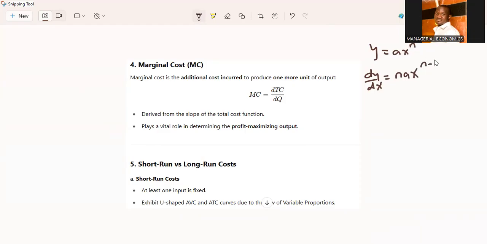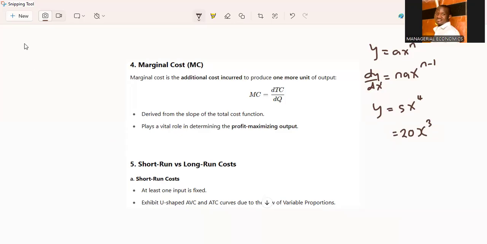Meaning you are simply multiplying the numbers and subtracting the power later. So if you have 5x to the power 4, how do you differentiate this? Multiply the numbers, 5 times 4 is 20. And you subtract 1 from the power, which is 4 minus 1 is 3.